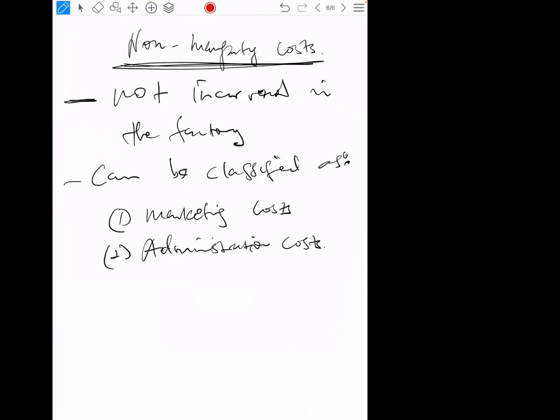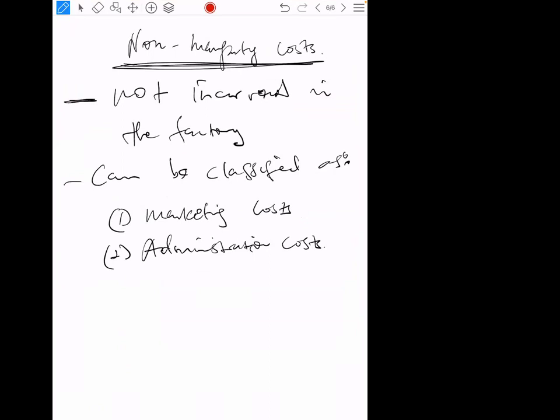Marketing costs are costs for selling goods, involved in the selling of products, such as sales commission, sales salaries, and distribution. Then you've got the administration cost. If you want to picture administration cost, most of you actually work in admin buildings.